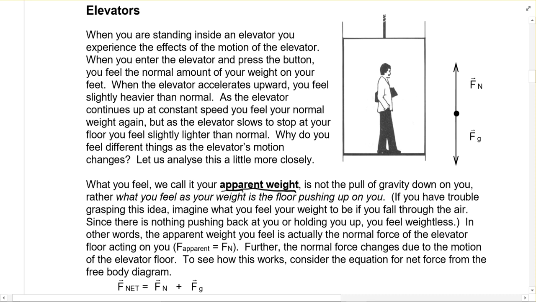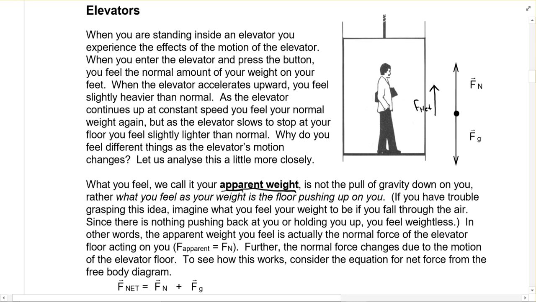So when an elevator starts accelerating upward, have you ever noticed that you feel heavier? All of a sudden, you're going to feel heavy to begin with. And then once it starts going at a constant velocity, you're going to feel normal again. Well, what's happening there is that the net force on this elevator going up is going to be F net, something going up, right?